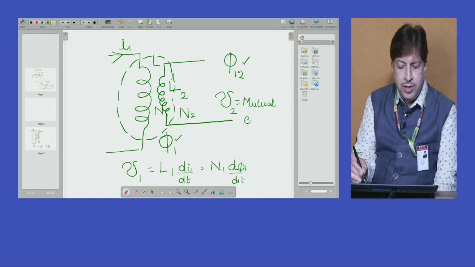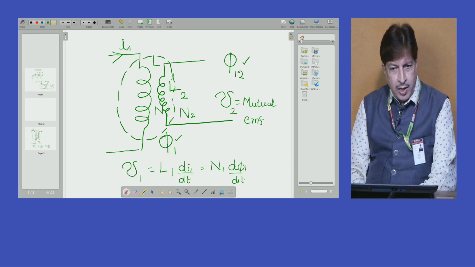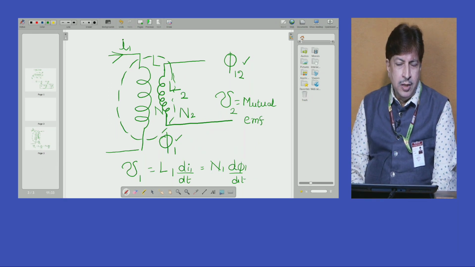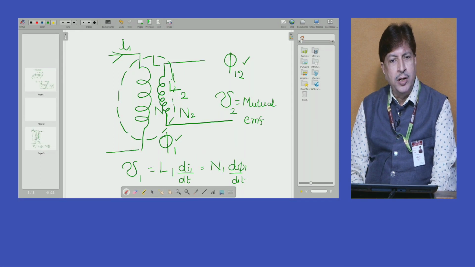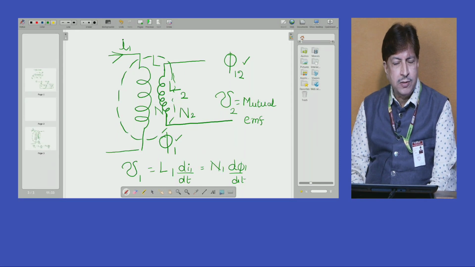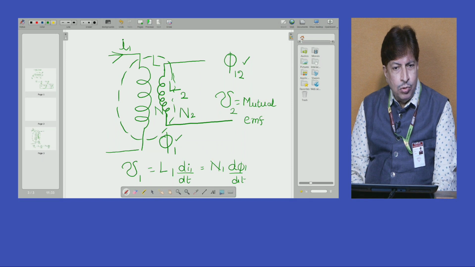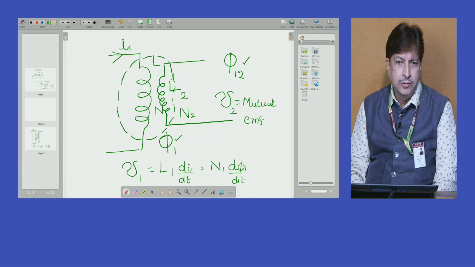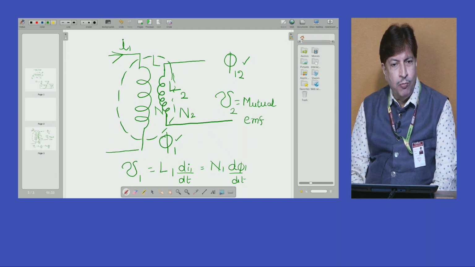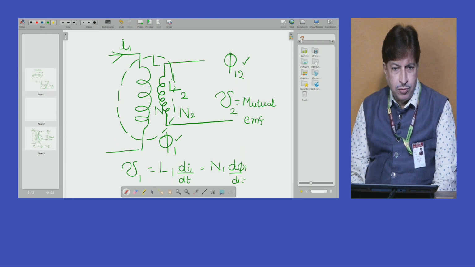Before we write the expression for this mutual EMF, the concept you need to understand at this stage is that when two coils are linked magnetically because of flux generated in one of the coils, there are two types of EMFs produced.